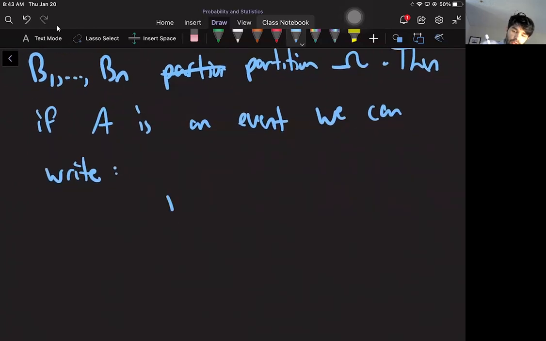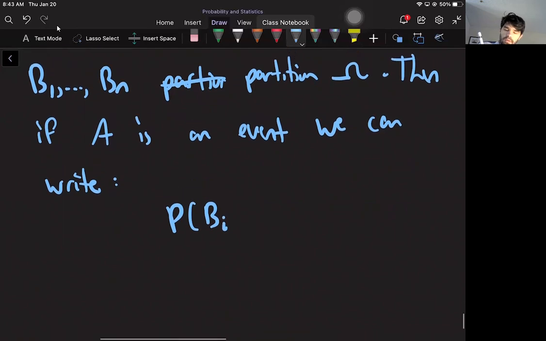So this is the first form. The idea is that we can relate the conditionals to each other. So any part of the partition you want, given A. In the previous example, this was like bucket 1 given green, and the names were reversed.